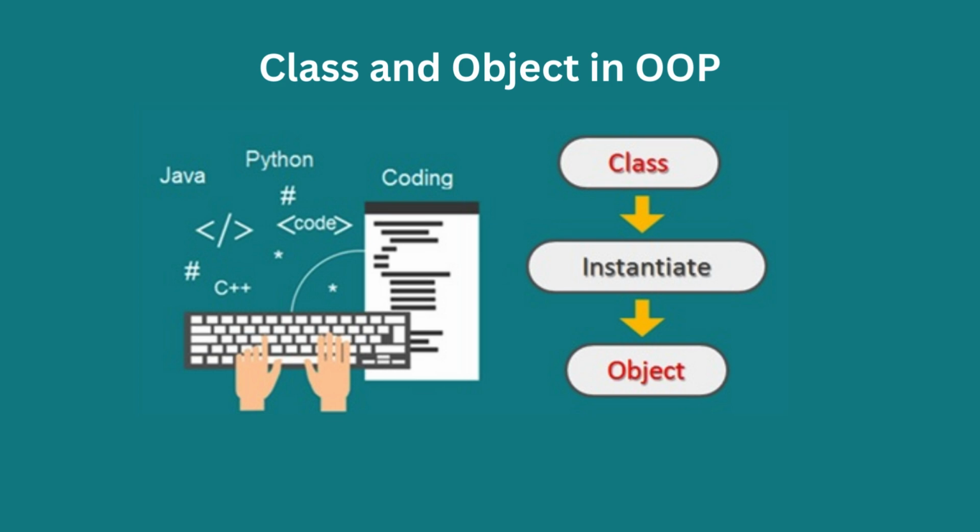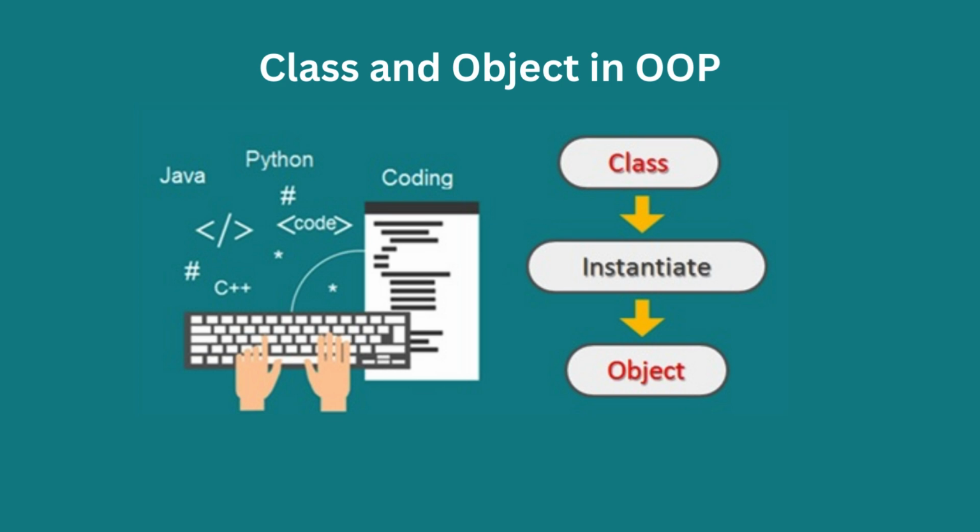So now it is time to discuss the core concepts of OOPS. At first, classes and objects. In object-oriented programming, classes and objects are fundamental concepts that define the structure and behavior of a software system. A class acts as a blueprint or template from which objects are created.